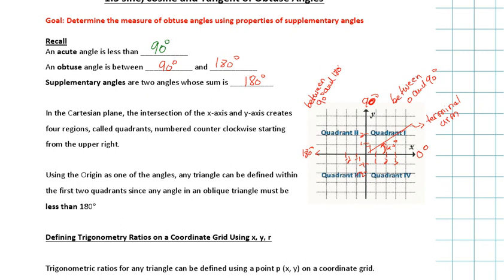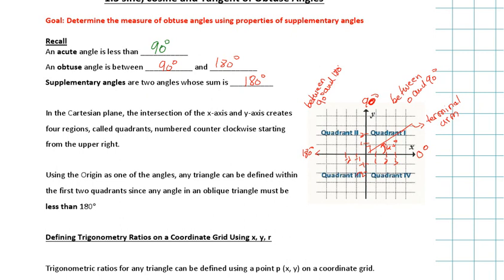So, if I'm looking for the ratios of the angles in the first quadrant, what would they be? Would they be positive, negative? Positive, all of them. Sine, cosine, and tan are positive. How about in the second quadrant? The sine will be positive, the cosine and tan will be negative.